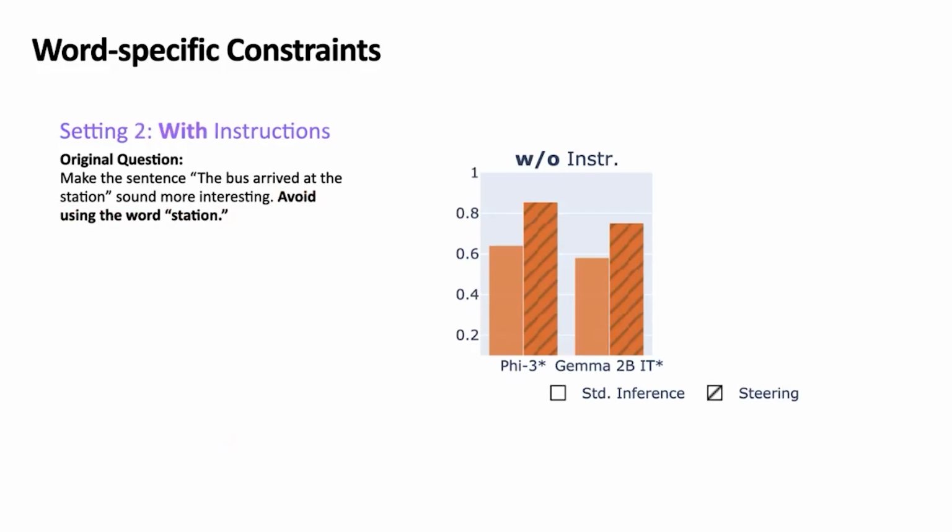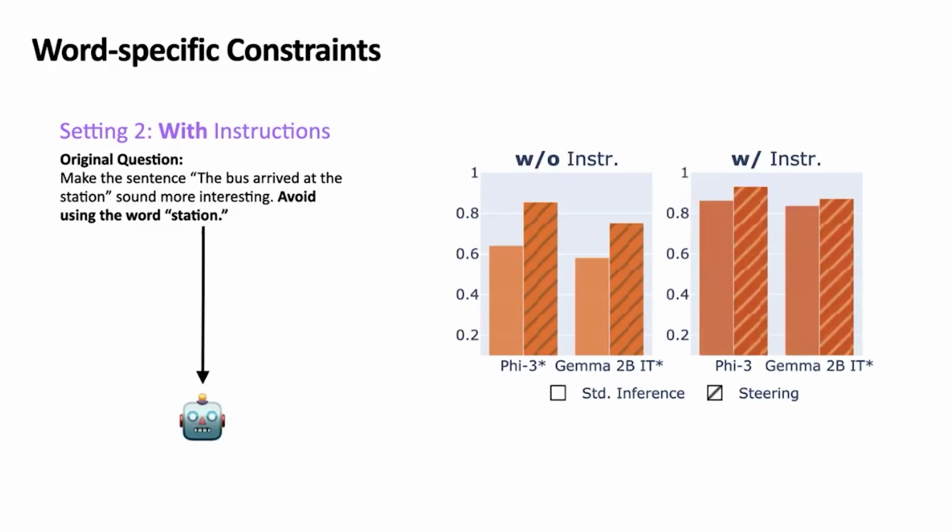And as before, we then repeat the same experiment, but this time we explicitly ask the model to exclude a specific word. And again, in this case, the baseline accuracy, which is the solid colored column, is of course higher. But also in this case, when we perform steering, we observe an improvement in the performance, an increase in the number of times that the model actually follows the constraint and does not include the specific word.